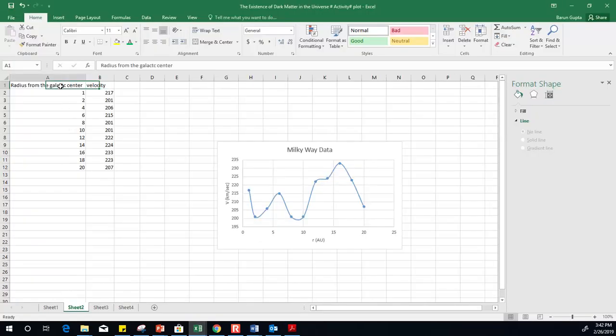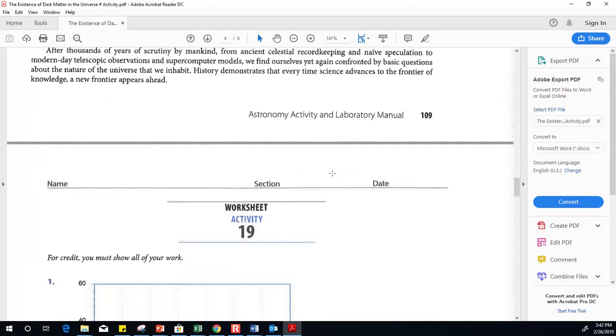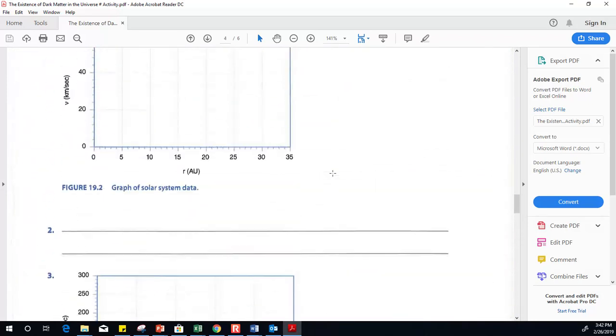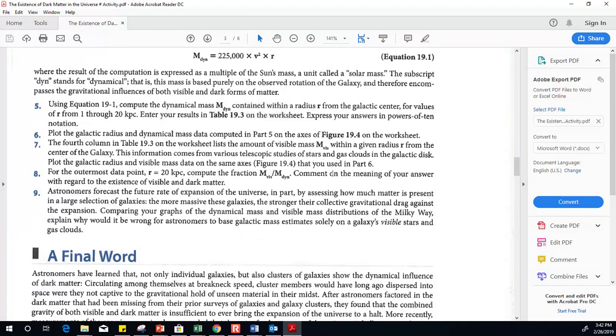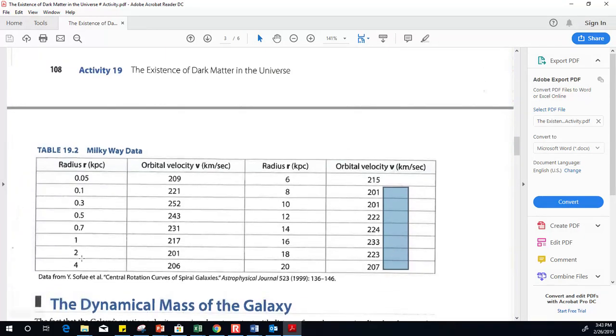Here is the radius and the velocity for the Milky Way galaxy. As I said, I got this data right from here. I just chose 1 to 4 to 20. I could have done that one too.